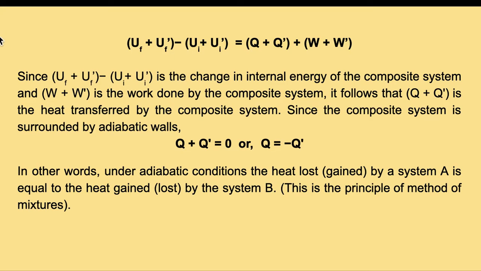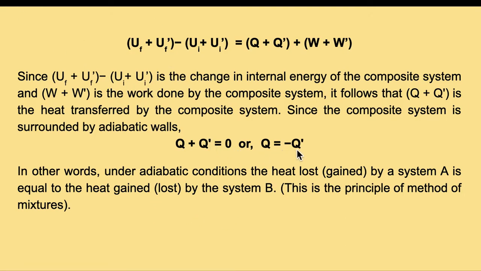So it is the total heat transferred by the composite system. And since the composite system is surrounded by adiabatic walls, what can you say? No heat can flow out of the system or no heat can flow inside the system. That means definitely that Q plus Q prime equals 0.